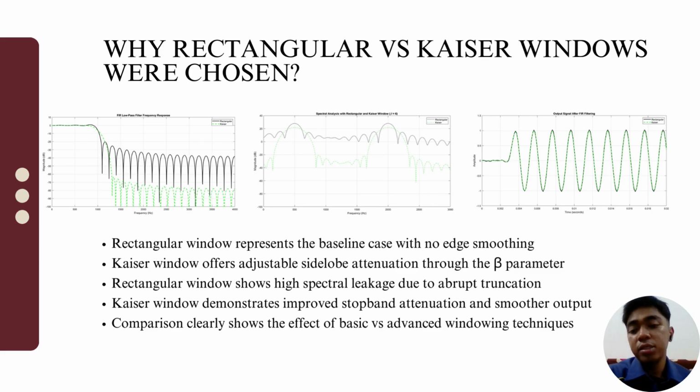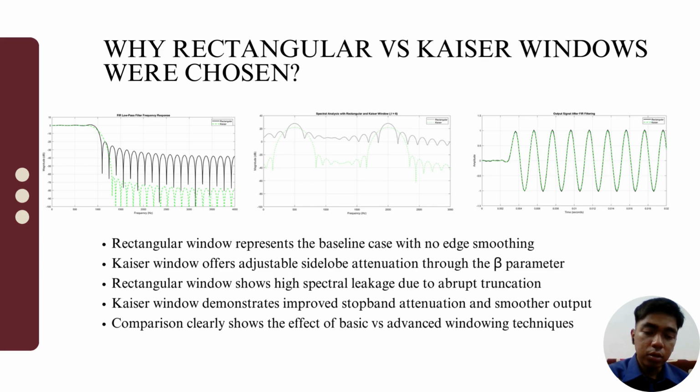For the transition width, we can notice the rectangular window has a steeper roll-off at 1000 Hz. This is the main advantage of the rectangular window, to provide the narrowest transition band.